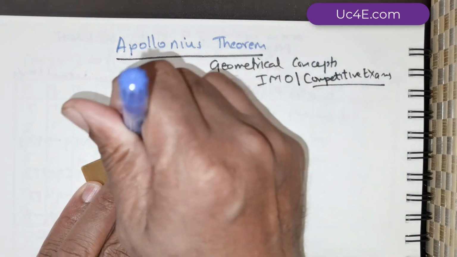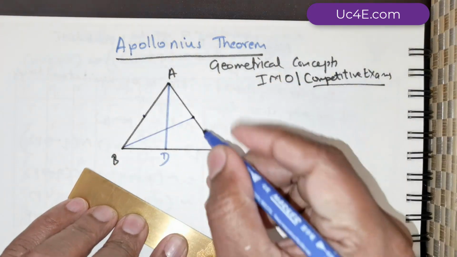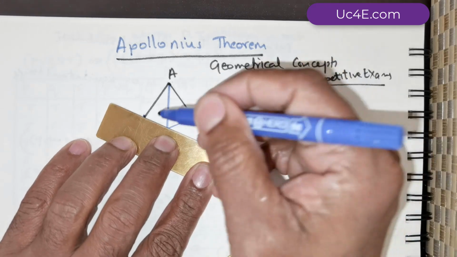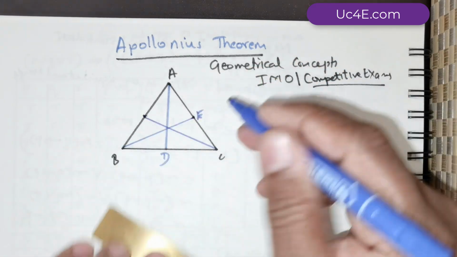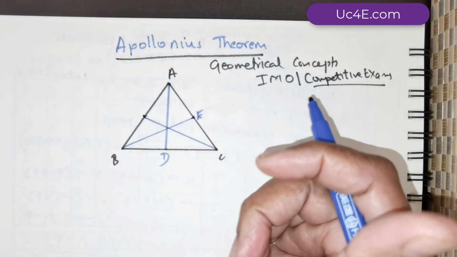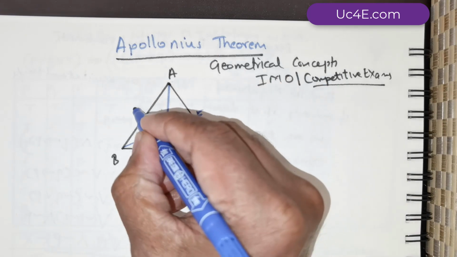That's an important point. It has to be taken into consideration. So this is BE, and then you have another median from C, and this is hitting at F.